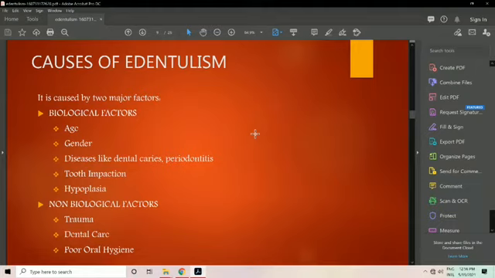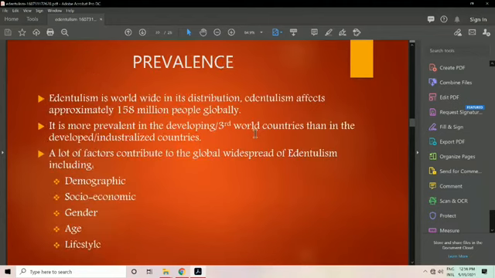So these are the different causes by which there will be tooth loss in the patient. These points should be considered properly so that there will be no problem to the patient. Okay, so there are mainly two causes, biological factors and non-biological factors.